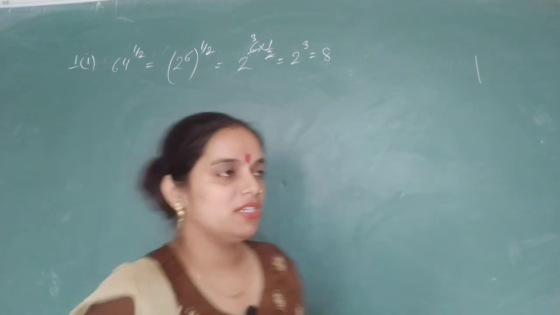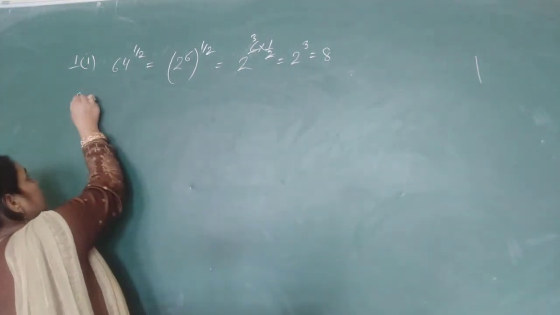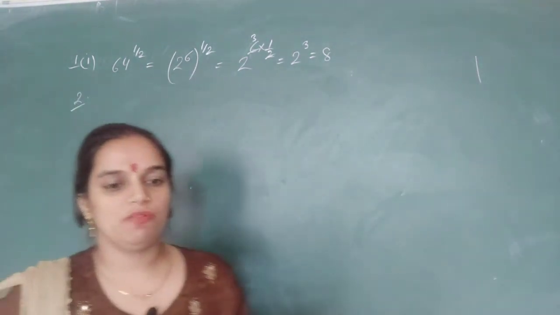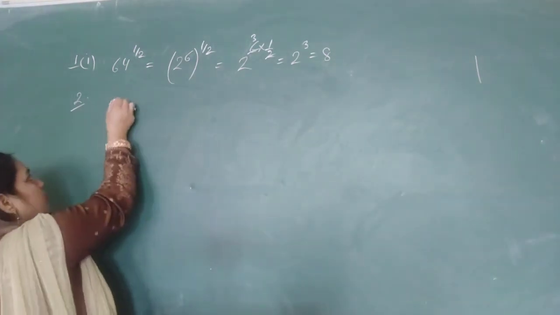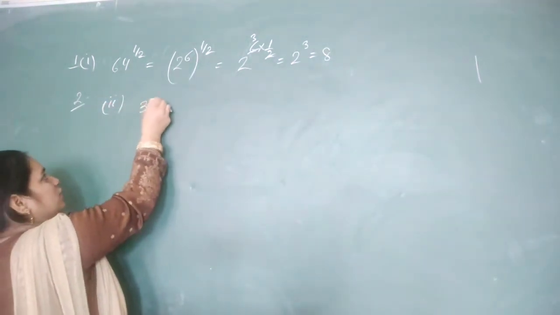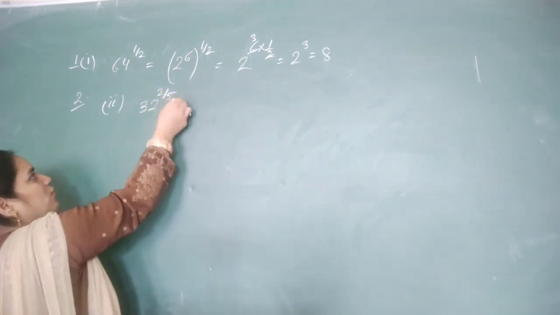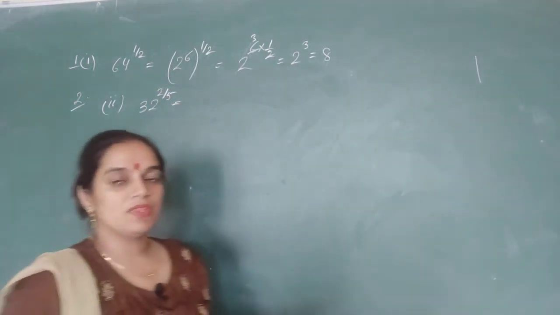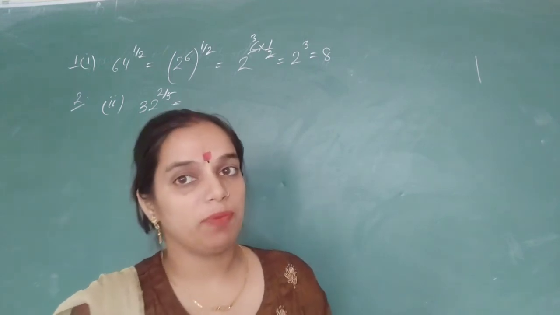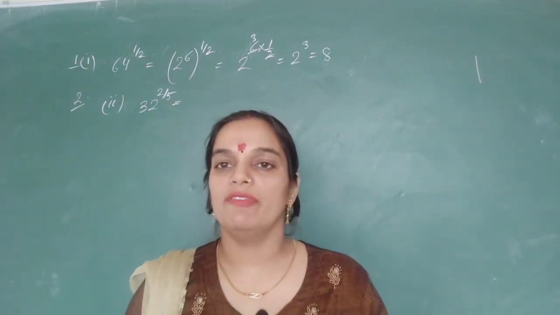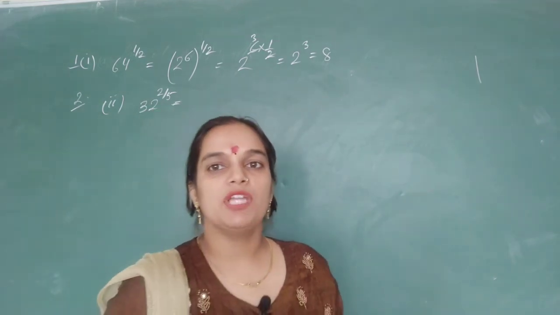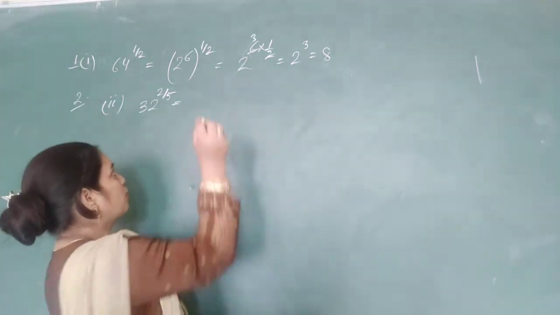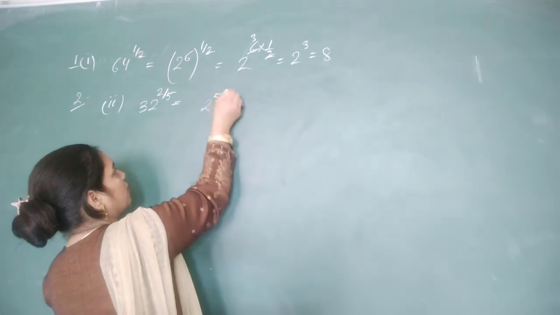Now, in question number 2, let us discuss its second part, that is 32 raised to the power 2 by 5. Here, when we prime factorize 32, we will get 5 times multiplication of 2, or we can write it as 2 raised to the power 5.